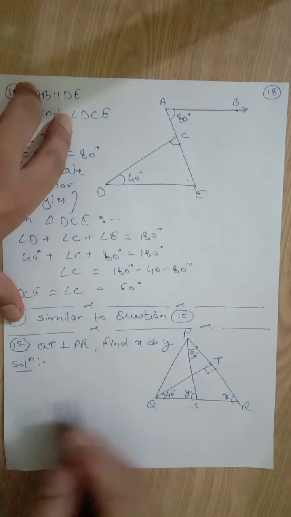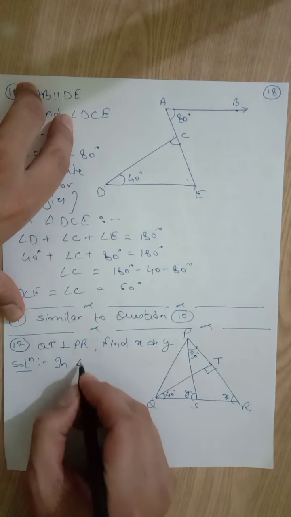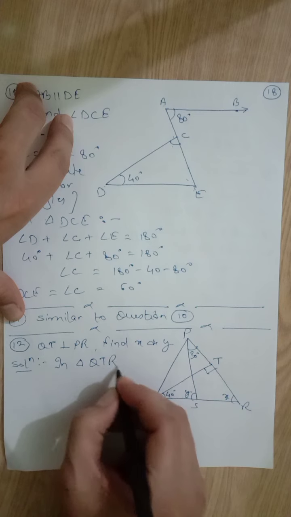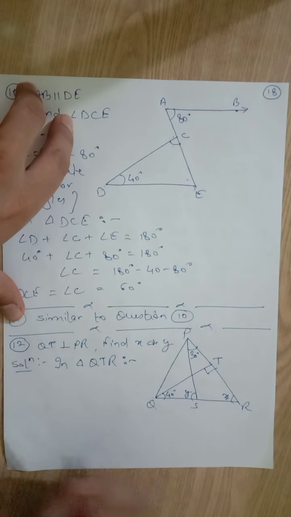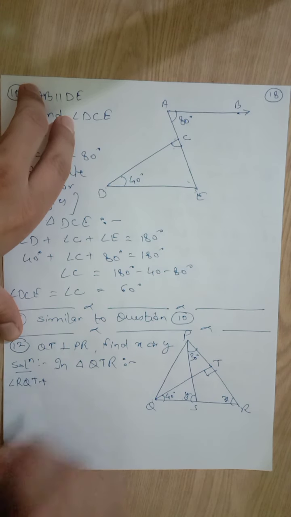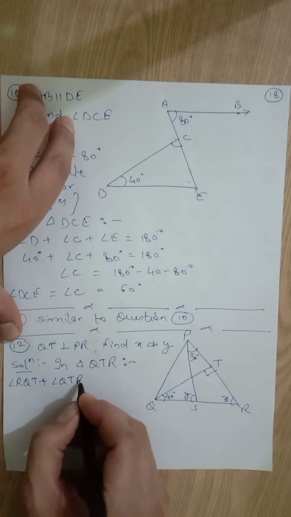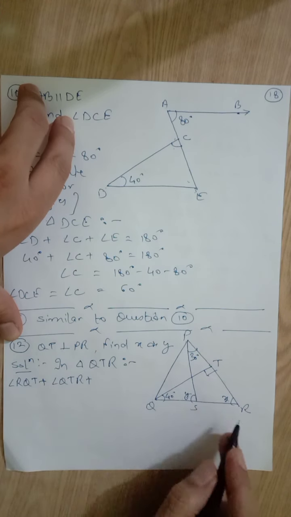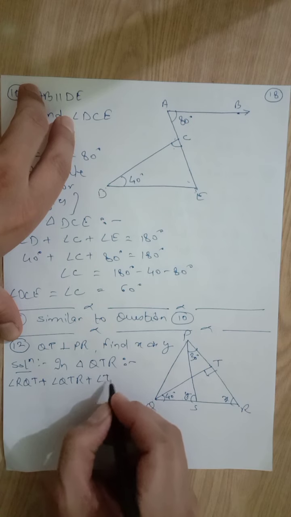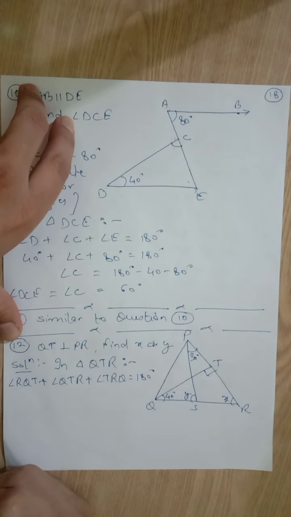Let's do it. First of all, in triangle QTR, we can say angle RQT plus angle QTR plus angle TRQ is 180 degrees by the angle sum property of a triangle.